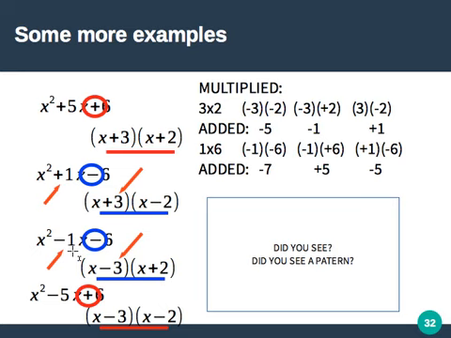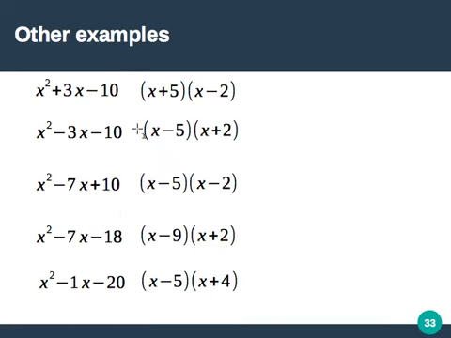Let's see some more examples. Here we have -10, and we have a +3. The result has to be +5 and -2. Why is that? Because you have to look for all the numbers that when you multiply them give you 10. So it's 5 and 2; 5 times 2 gives you 10.